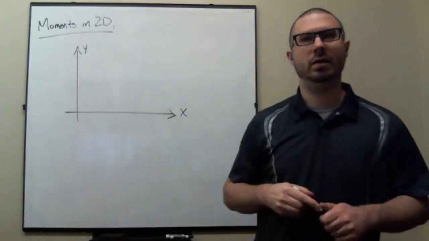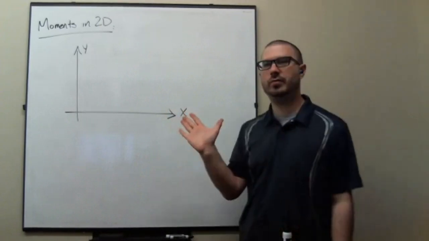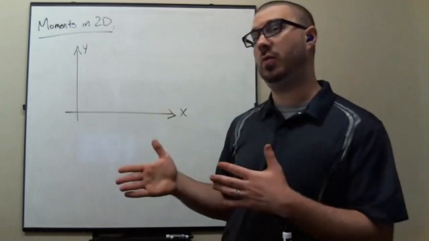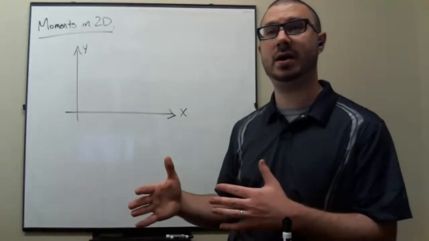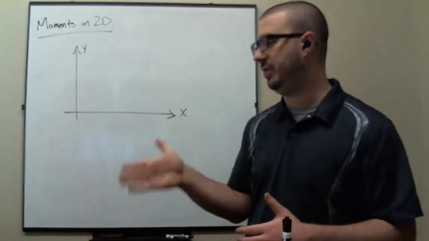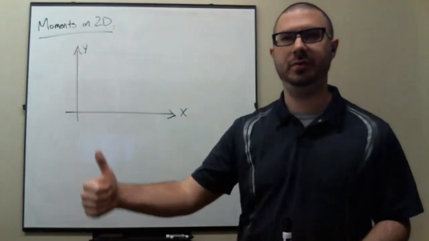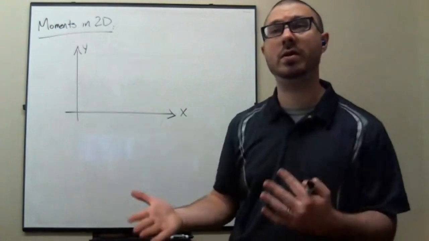Now let's remember the right-hand rule for a second. The right-hand rule states that if you have vector 1 times vector 2, like if we're talking about a cross product, then the 3rd vector points in the direction of your thumb. You start off with vector 1, curl to vector 2, and this is the direction of your cross product. The same thing works with your coordinate system.